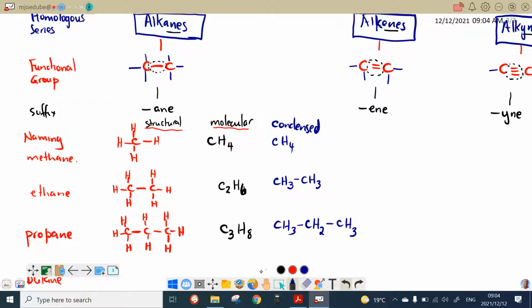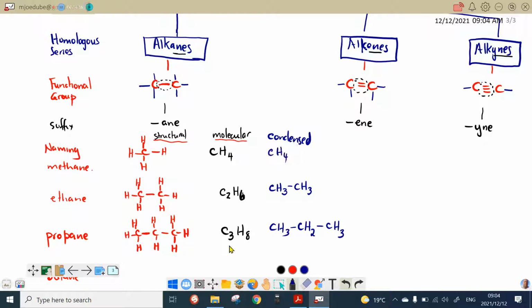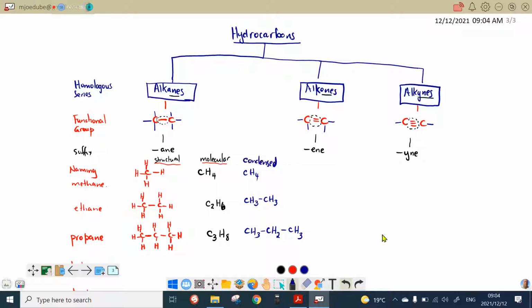So that is the condensed formula of the compound that we have represented. So go ahead and do the same also for the stated molecules that I asked you to represent, which are butane, ethane, pentane, and hexane.